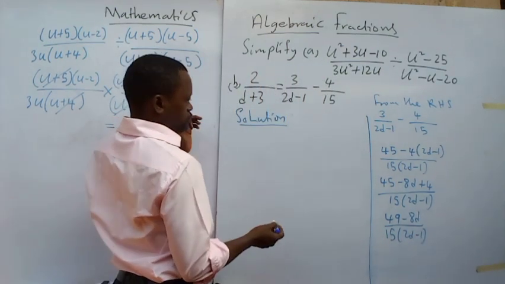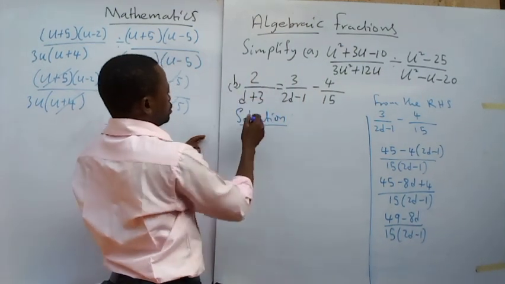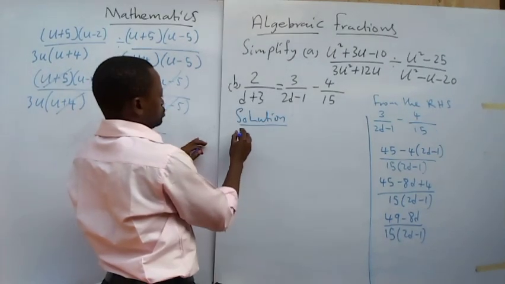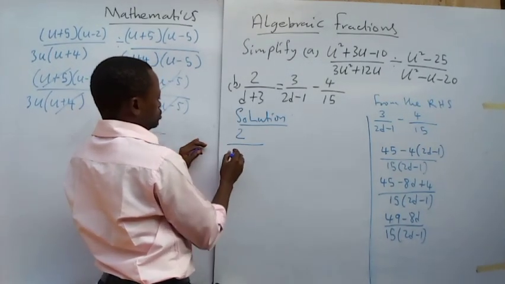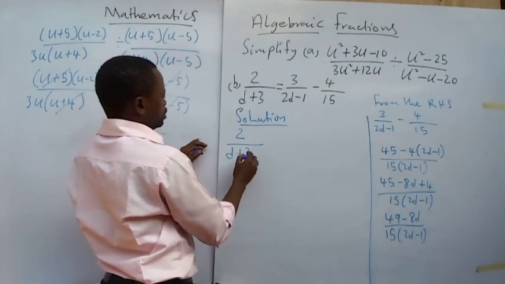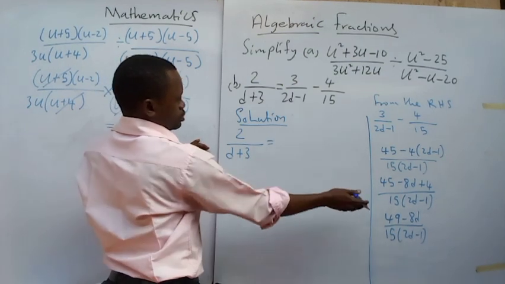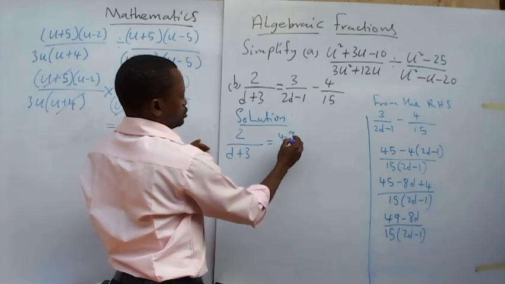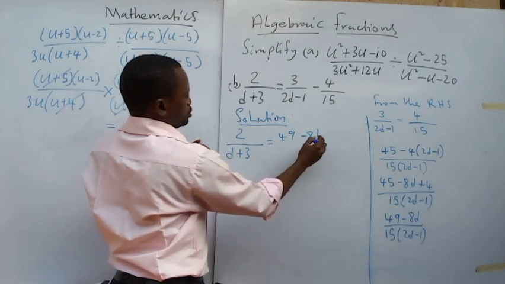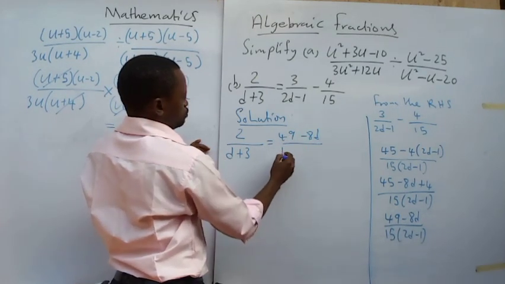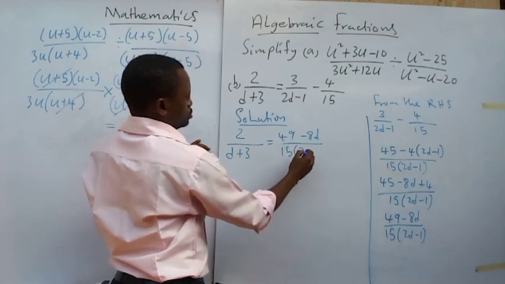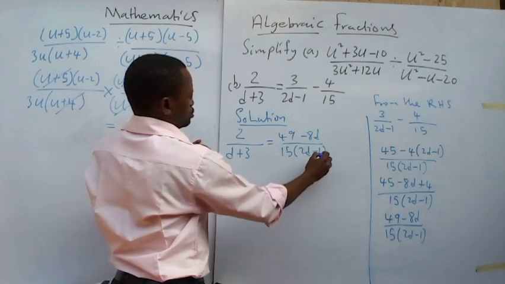So we can work with that. Bring it over here. We now have 2 all over d plus 3, then equated to that result, 49 minus 8d all over 15 bracket 2d minus 1.